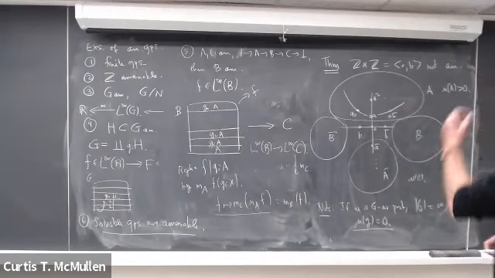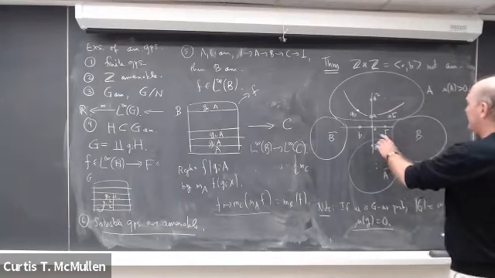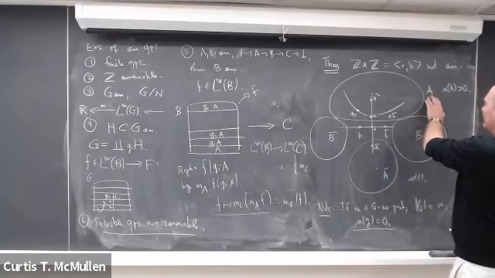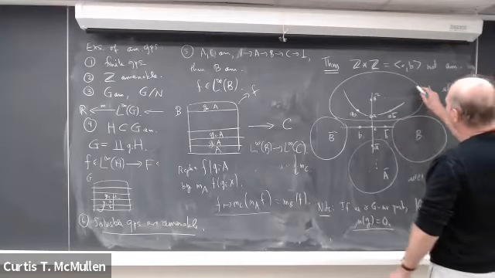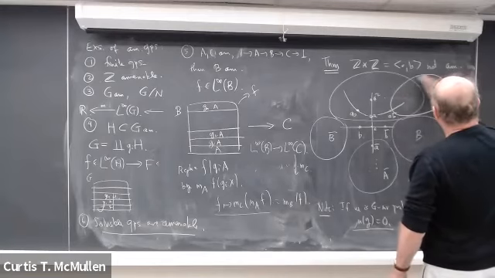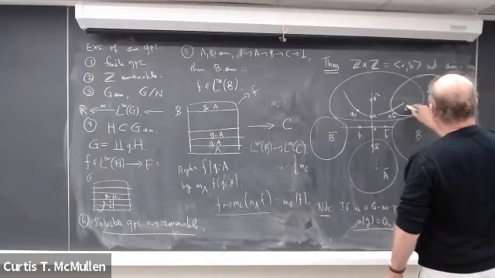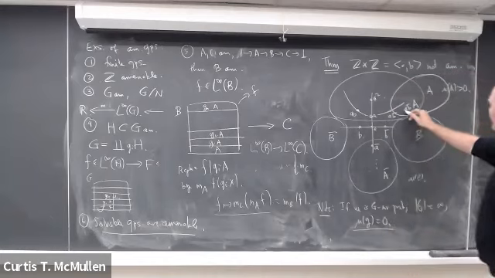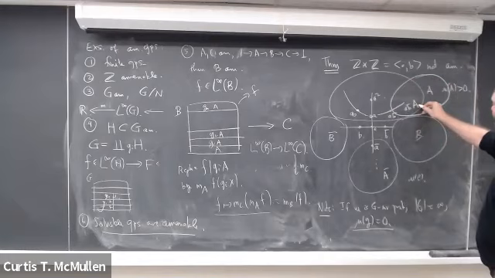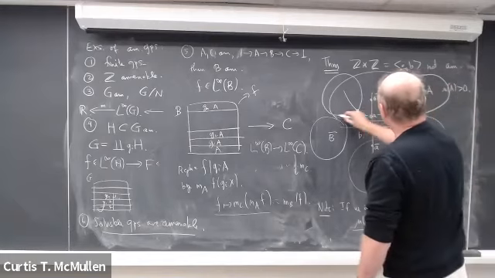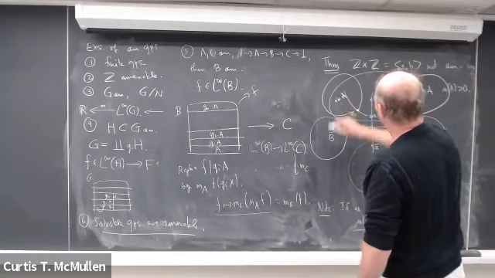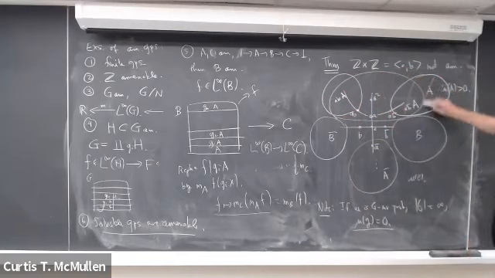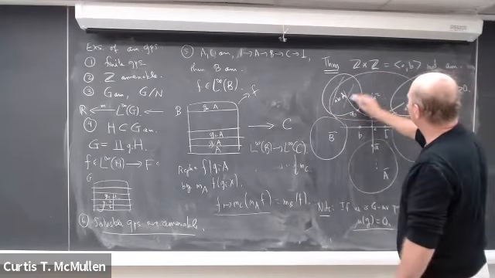But now here's the great idea. Suppose you take A and you multiply it by AB bar. That gives you a copy of A inside of itself, AB bar A. The words that begin with AB bar is a subset of the words that begin with A. And similarly, the words that begin with AB is a subset of the words that begin with A. But these 2 sets are disjoint.